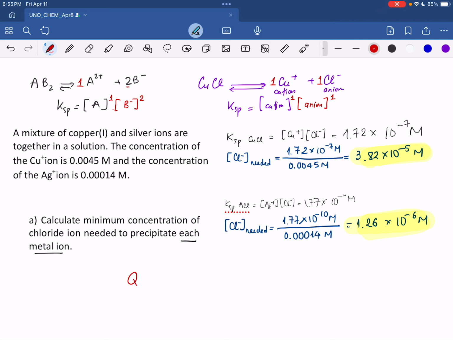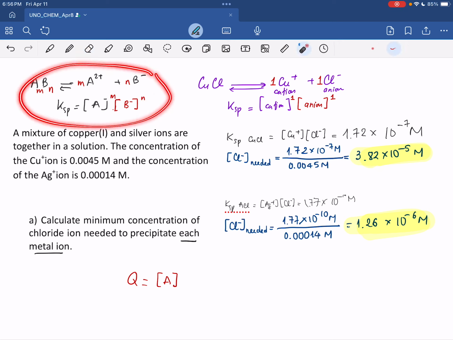I just want to show you the most general case, okay? Here the power is m, and here the power is n.